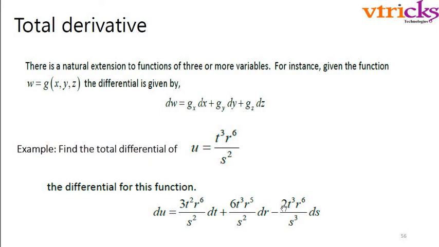So t cube r^6 will remain as it is, and s to the power minus 2 will give minus 2 s to the power minus 2 minus 1, which is s cube. So work this out and see, just with the power formula, d by ds of s to the power minus 2, when you evaluate that, you will get minus 2 by s cube. So this will be the total derivative of u, which is a function of three variables.